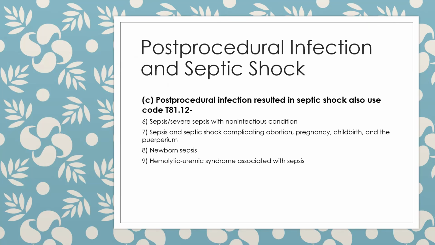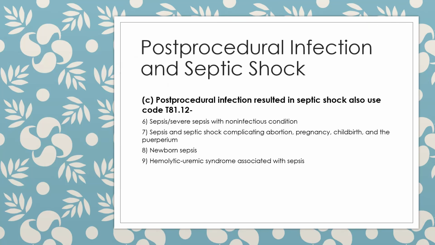If severe sepsis is present, a code from category R65.2 should also be assigned with any associated organ dysfunction. Remember, it is not necessary to use a code from subcategory R65.1 for systemic inflammatory response syndrome or SIRS. If the definition is met for principal diagnosis, it should be sequenced before the non-infectious condition.